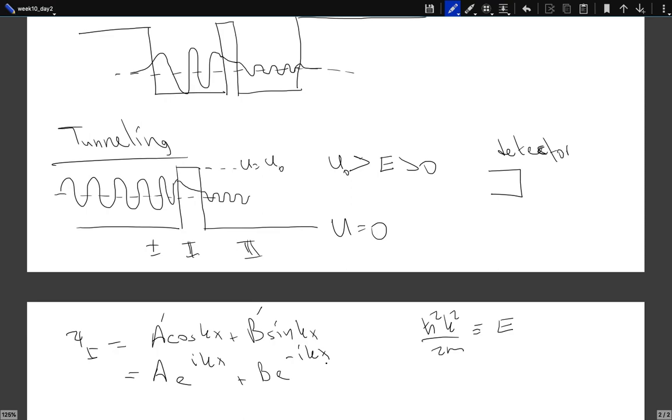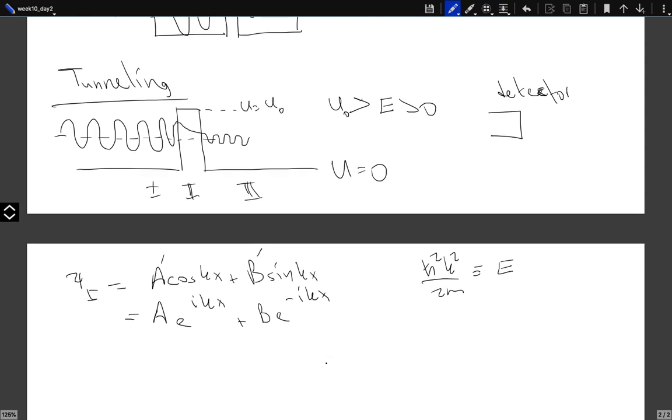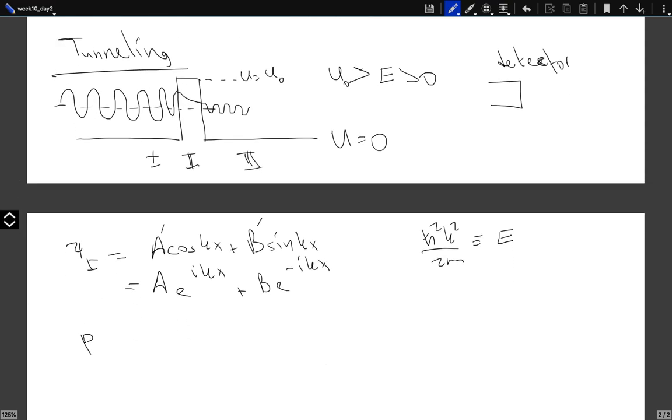What is the momentum of this wave? Well, what is the momentum operator? This was h bar over i, del over del x. Let me apply the momentum operator onto e to the power i kx.